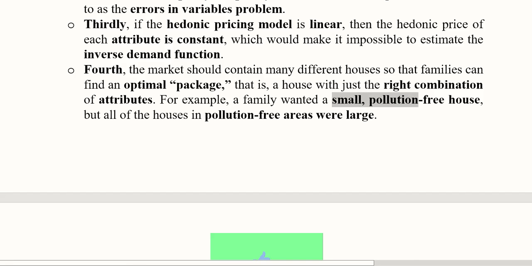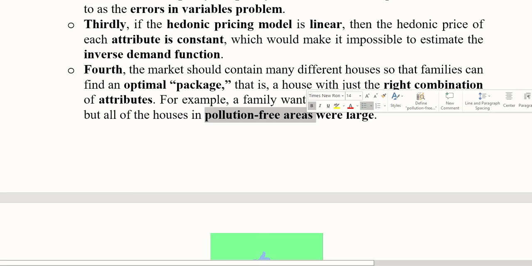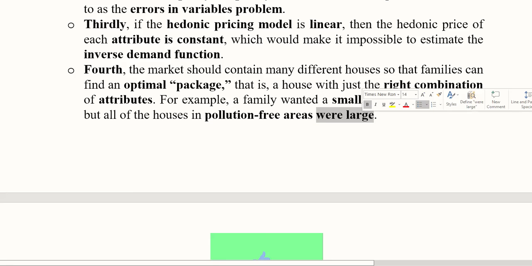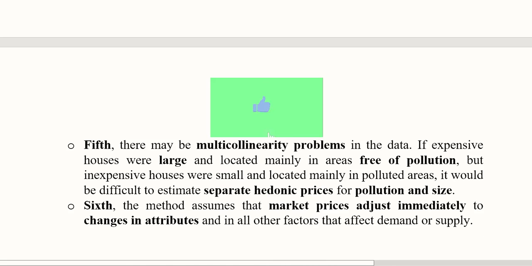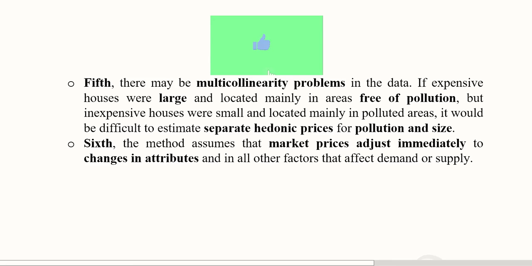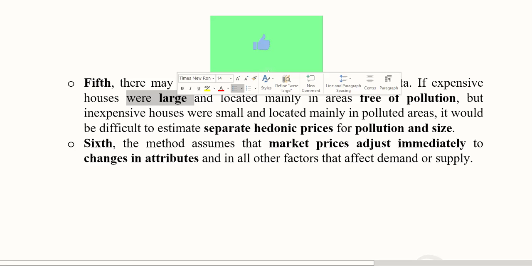For example, if there is a family which is looking for a small and pollution free house, it is not very likely, because pollution free areas are usually large. They are not small lots, because that's where the pollution can be easily spread. Then there can be a multicollinearity problem, which is a statistical or econometric problem, and that can arise because features can be interrelated.